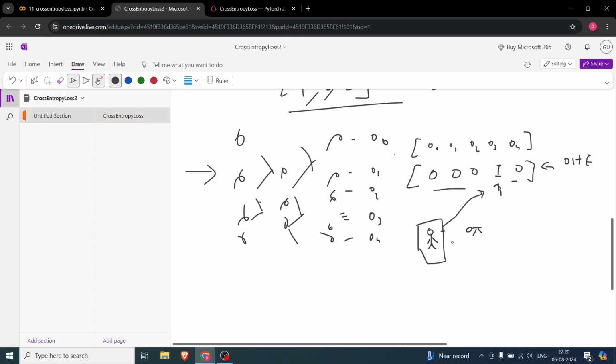Now let's say the person is crawling on the floor, and this dotted line is the whole body, but the image that you took is only till here.